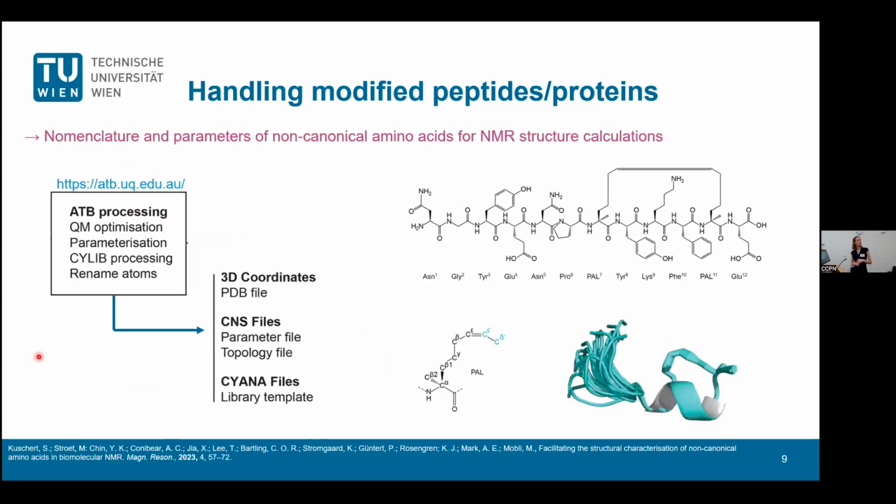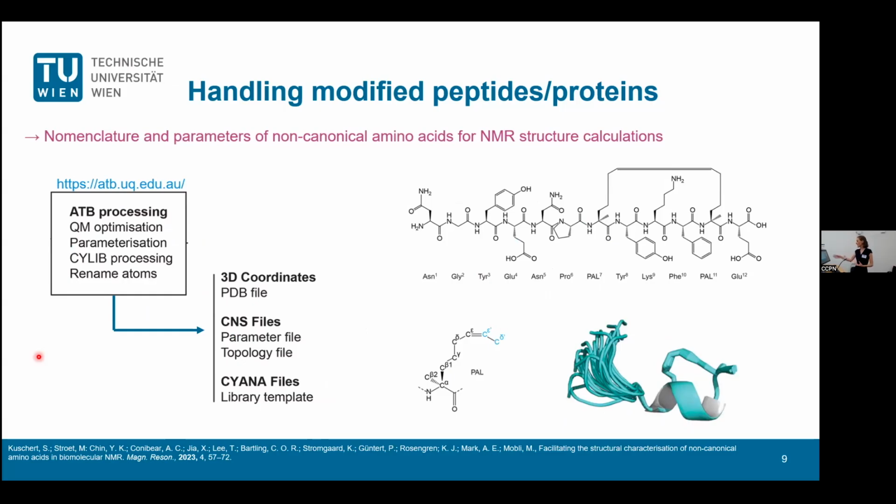I also got involved in a very small way in a collaboration with some researchers at the University of Queensland, where we were looking at incorporating non-canonical amino acids into assignment and structure calculations. And this is something I learned more about this morning, a slightly different approach that's now integrated into CCP.